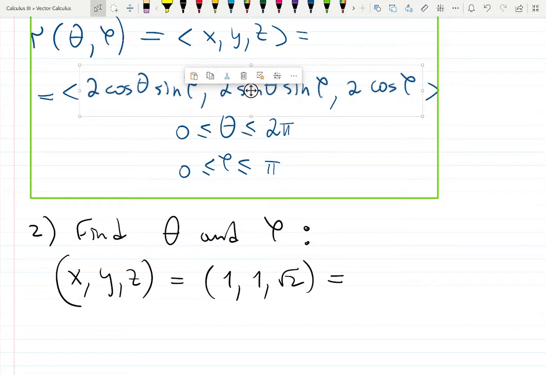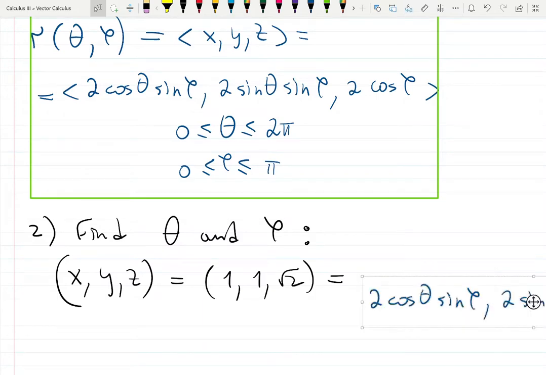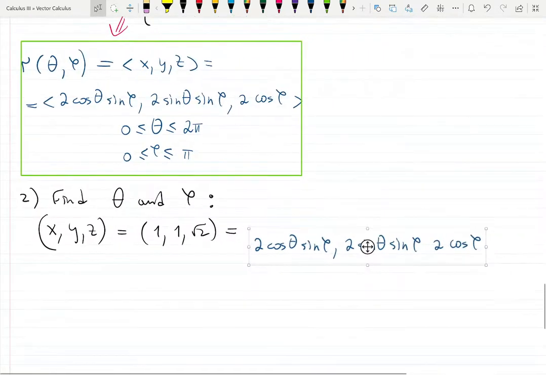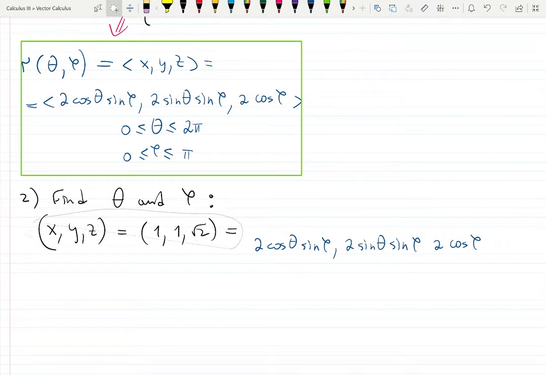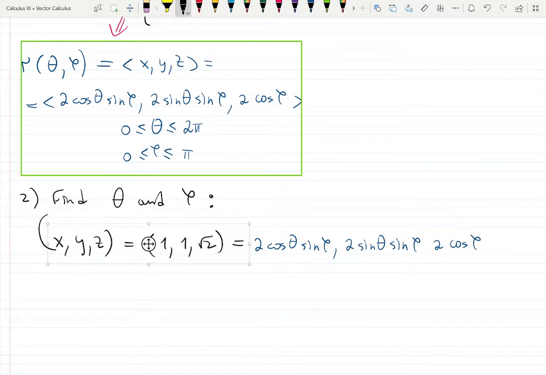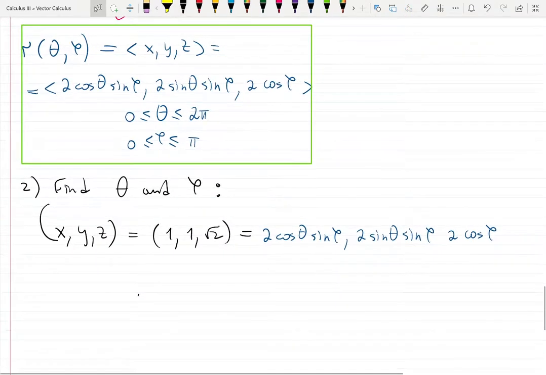There are 2 unknowns and 3 equations, so definitely it has a solution. That's actually too much information to solve it. So now you can set each piece equal to each other and solve. That is how we're going to find a point in terms of theta and phi.